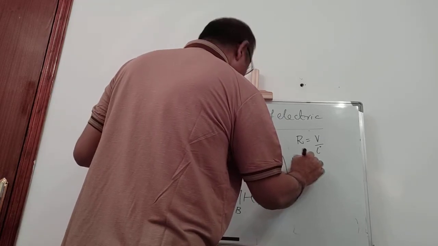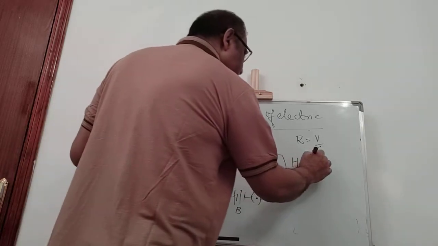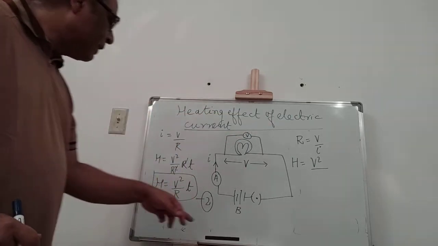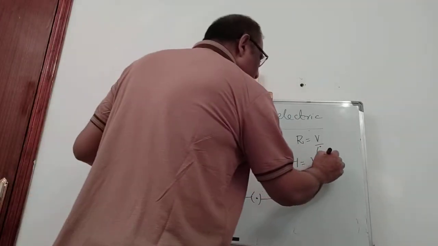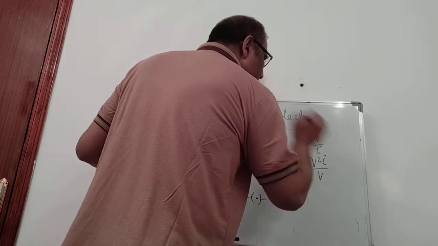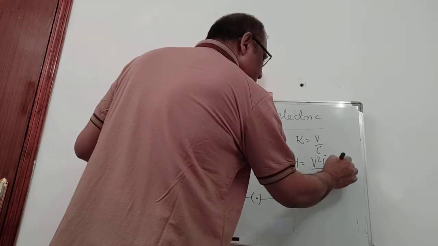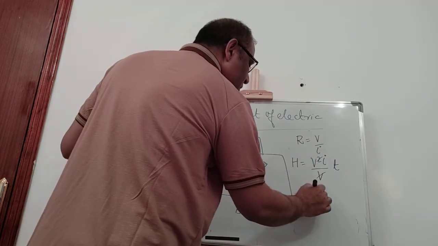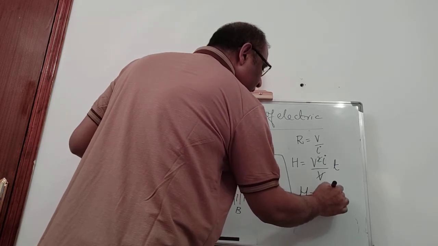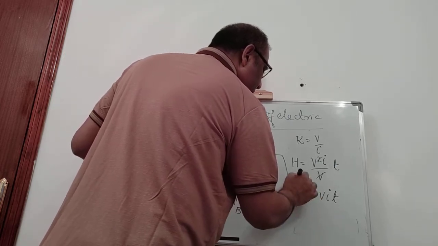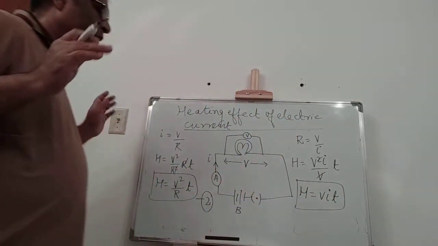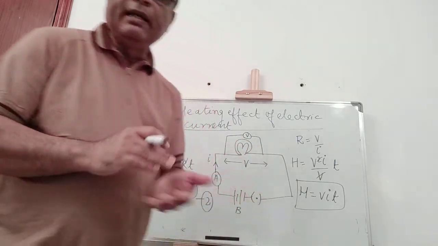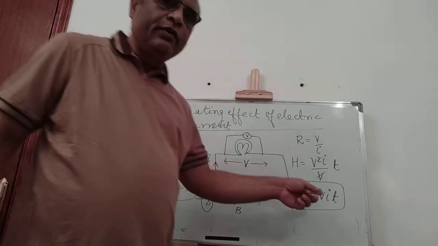H equal to V square, and here R is V upon I, so 1 upon R is equal to I upon V, and here time is given. Then H equal to V I T. When V and I, voltage, potential drop and current, are given, then we can use this formula.